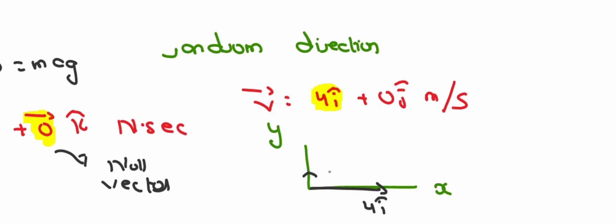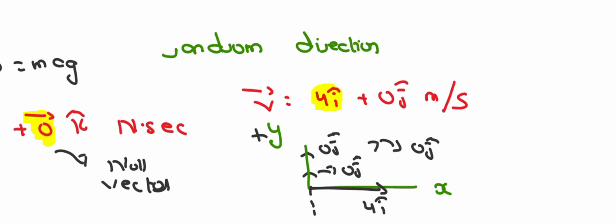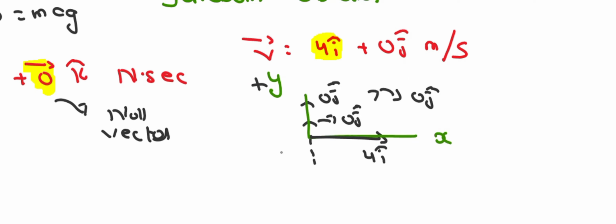And this is 0j. Similarly, if this one is the positive y-axis, then this one is the negative y-axis, and this is also 0j. This is what random direction means.